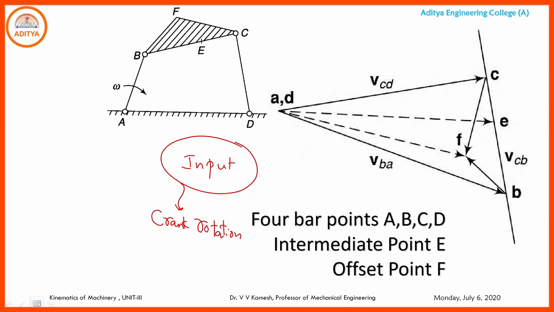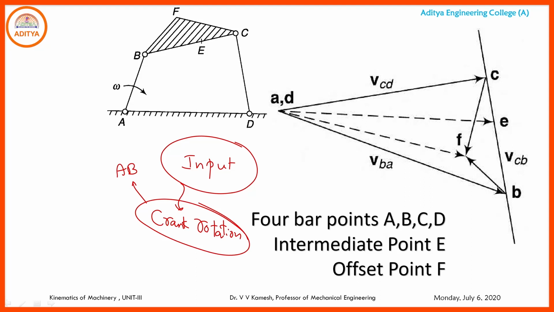Always the velocity diagram has to be started from the input. The answer to this question is the crank rotation. Then where is the crank? Crank is AB.